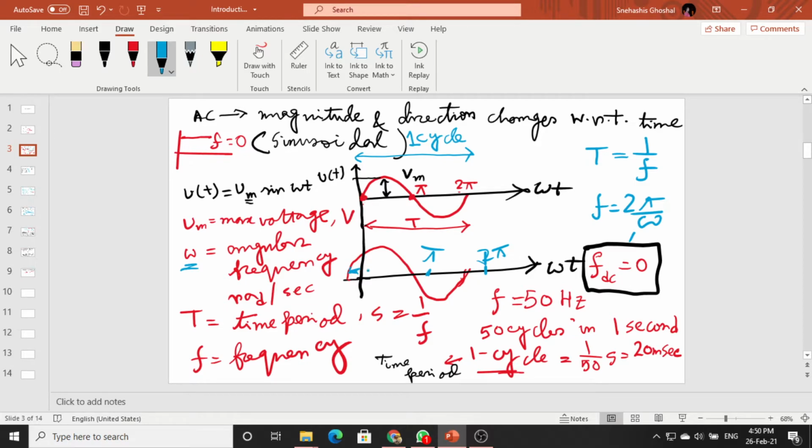This point has been shifted to this point. This displacement is known as phase, and it is given by Vm sin(omega t plus or minus phi). If I move towards the left, it will be negative; if I move towards the right, it will be positive phi. Negative side means the signal is advanced, and positive side means the signal is delayed.